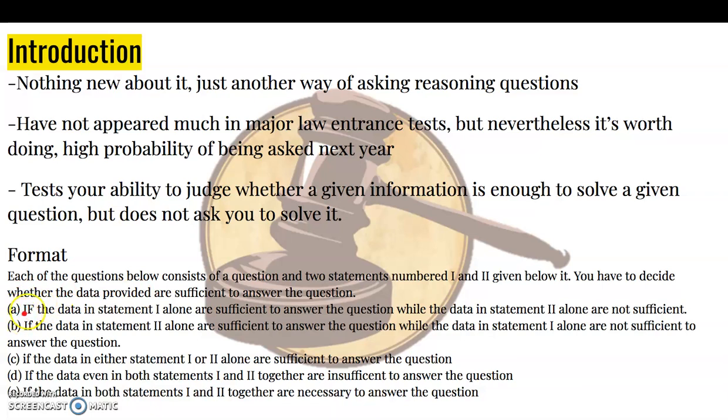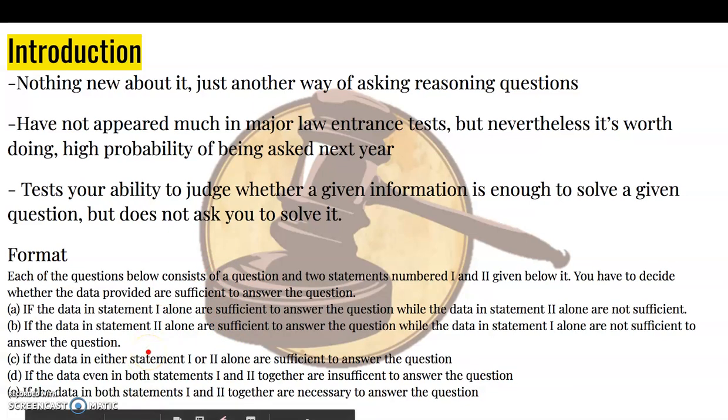So option A says that the data in statement 1 alone are sufficient to answer the question, but statement 2 is not sufficient to answer the question. And B says that 2 alone can solve the problem, but 1 alone cannot. So opposite options.